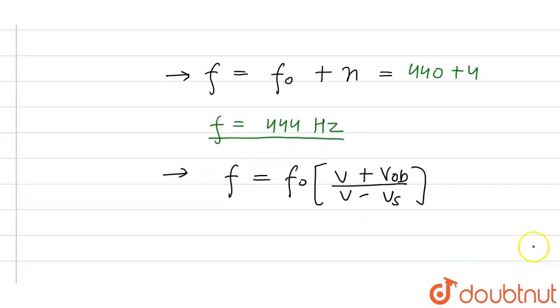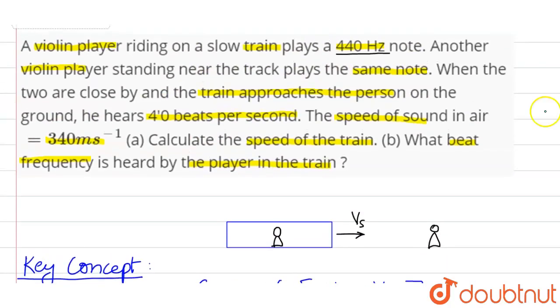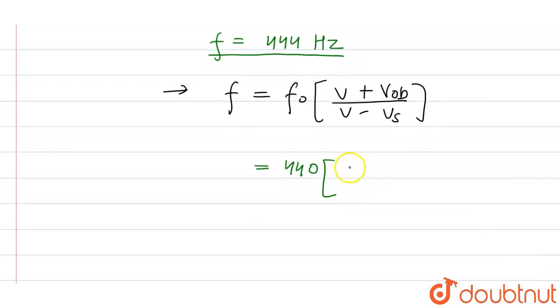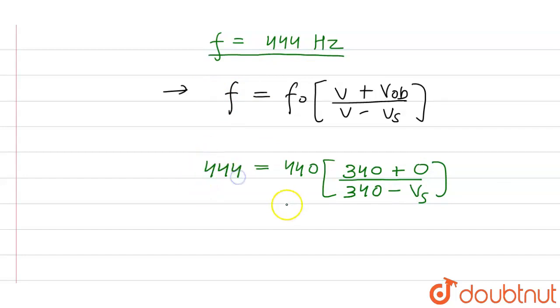F naught is 440, the velocity of sound in air is 340 meters per second, the observer's velocity is 0, divided by 340 minus the velocity of the source, and the apparent frequency is 444 Hz.